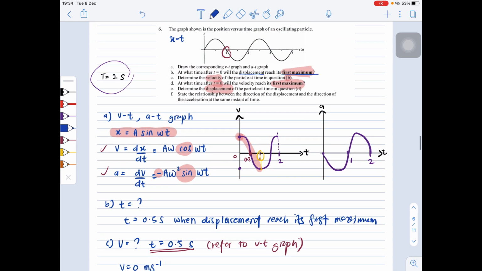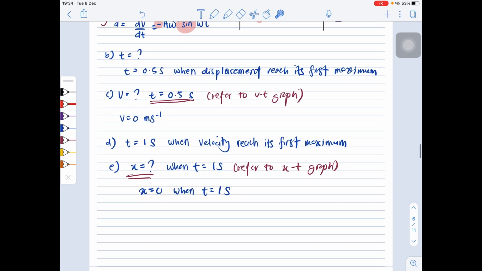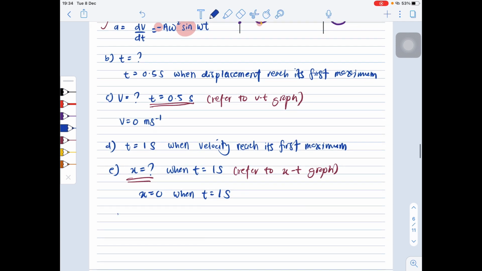And last one, state the relationship between the direction of the displacement and the direction of the acceleration at the same instant of time. So this one is just berbalik kepada konsep. And we know that, so that one will be F, right?